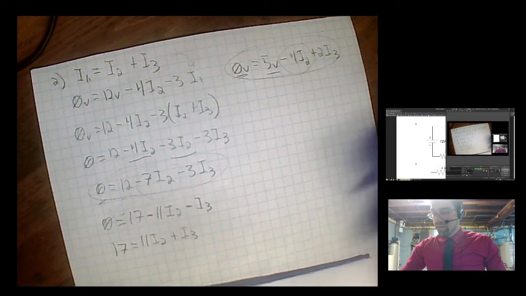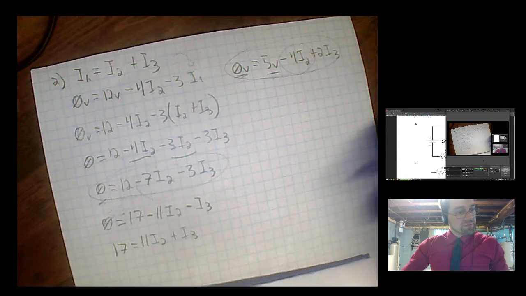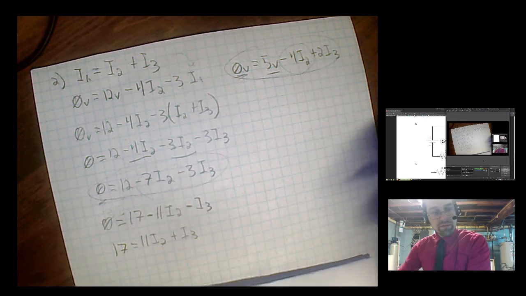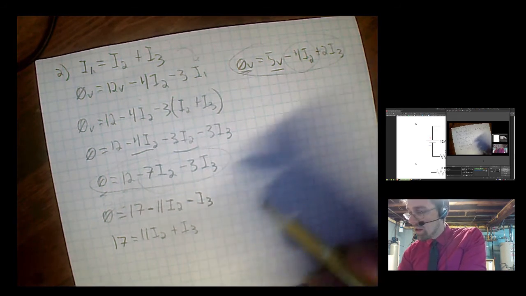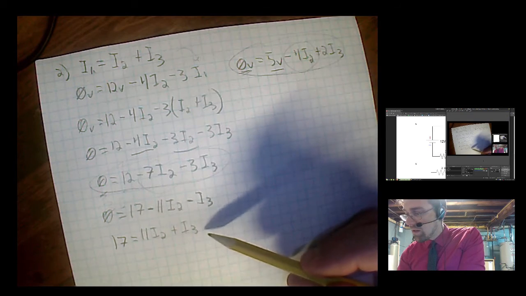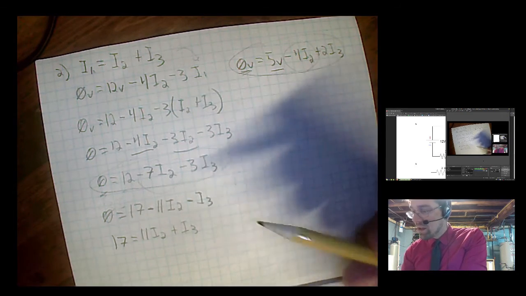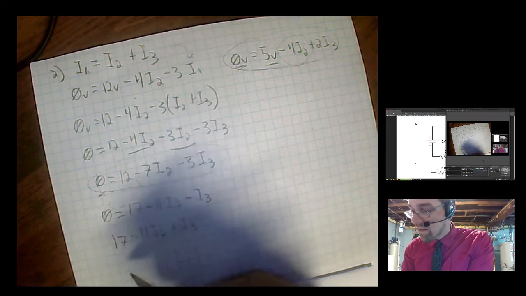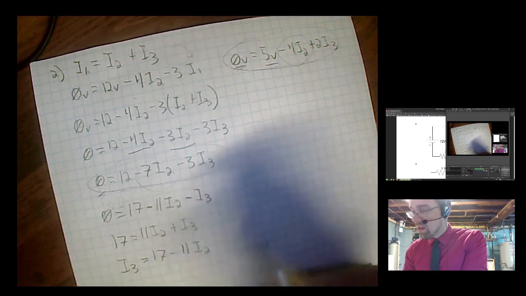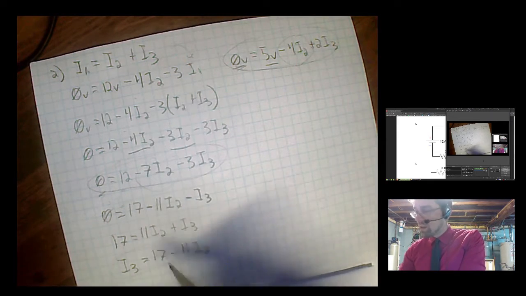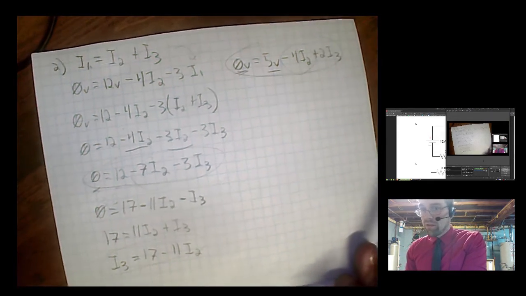All right. Now, it's still got I2 and I3. We can get I3 all by itself. Now wherever I see I3, I can substitute that back in.